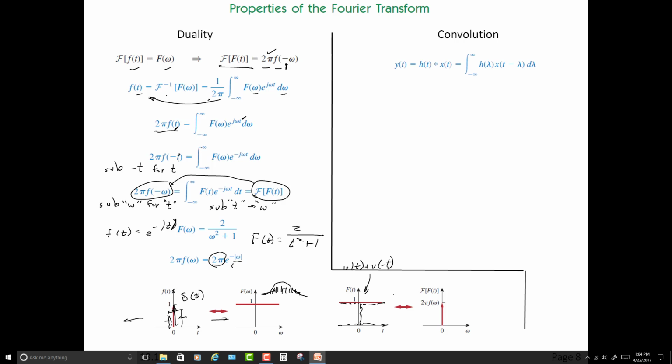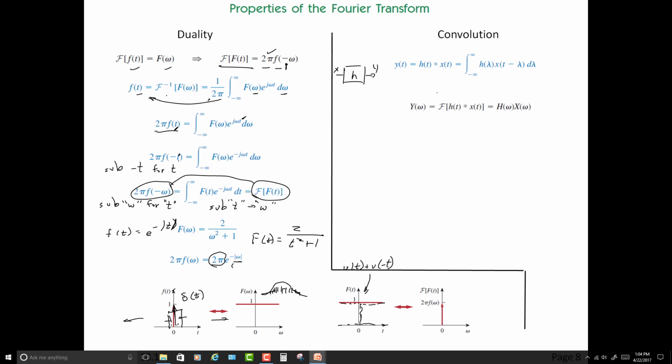Remember from earlier, we have the simple system, with the excitation X, where the system is described by H, the output is Y, and the excitation is X. This was the convolution integral back then. Time domain convolution, and it's the integral of H and X.